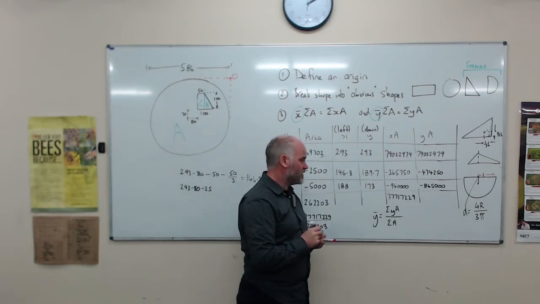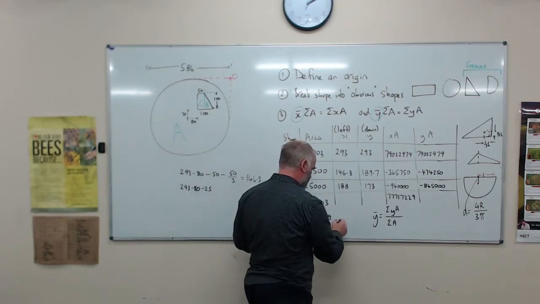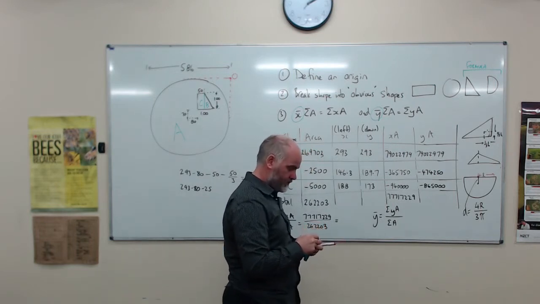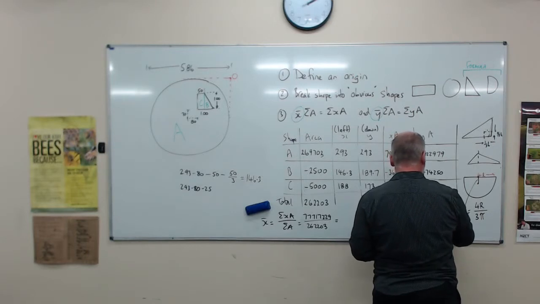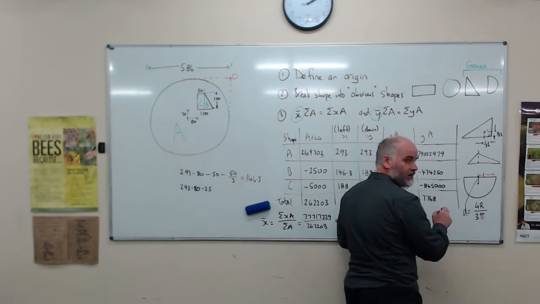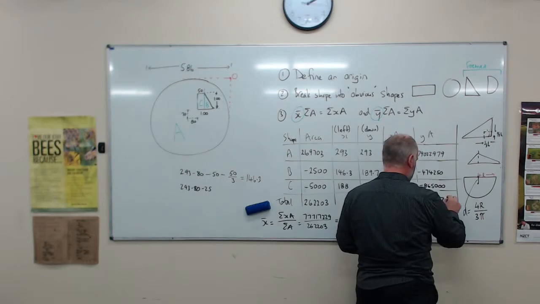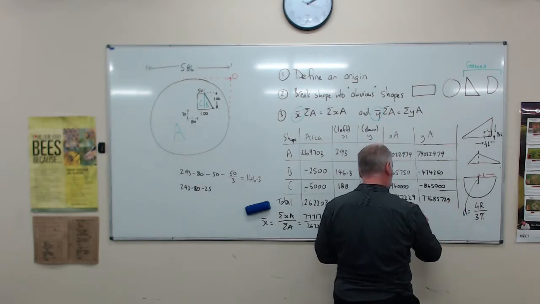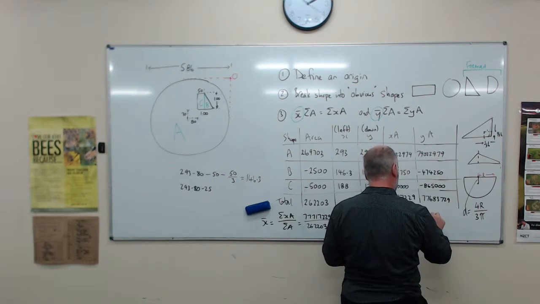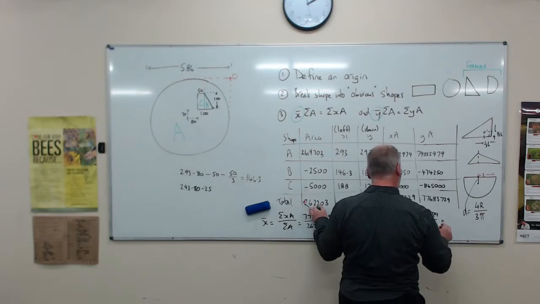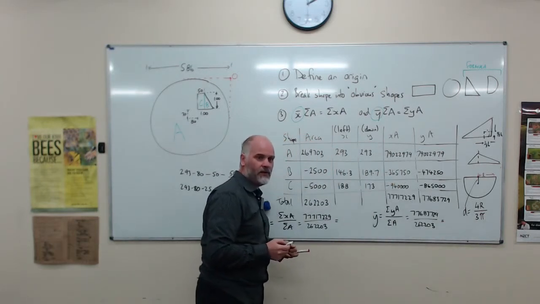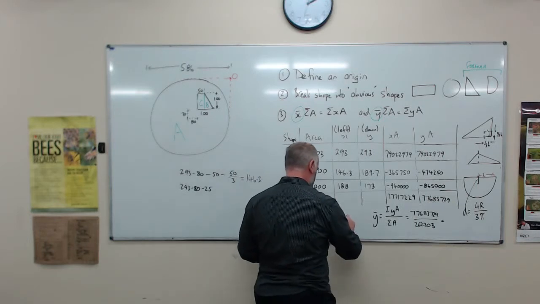Okay, one more summation and a couple of divisions and we're there. 7, 6, 8, 3, 7, 2, 9. Let me write that number down. Divided by the total area. Okay, X and Y, what do we got? 296.3.